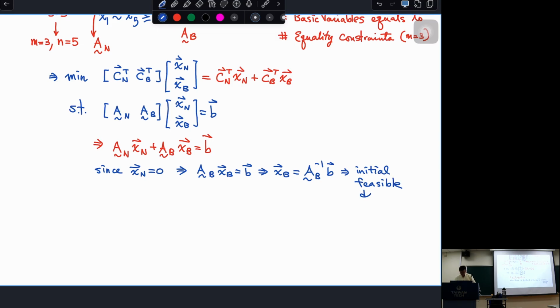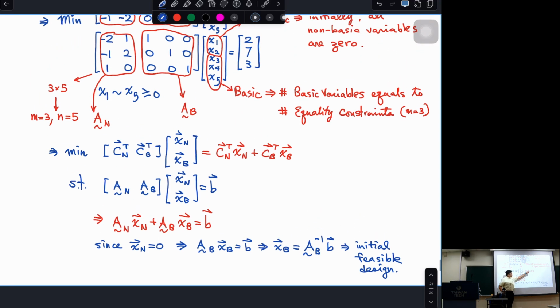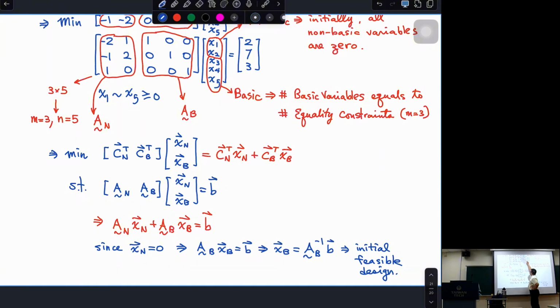So at the beginning, all of your non-basic variables are 0, and your basic variables have some non-zero values. So you can solve for it.